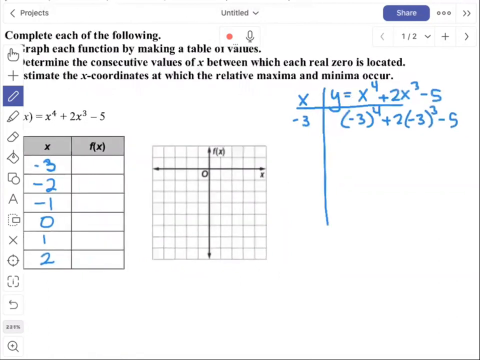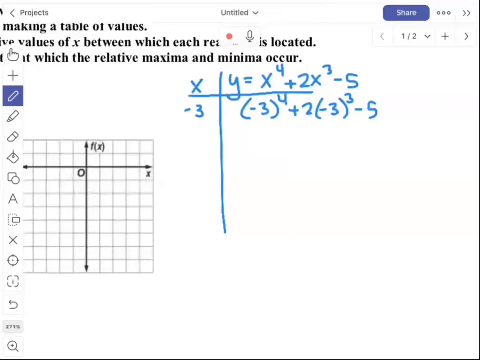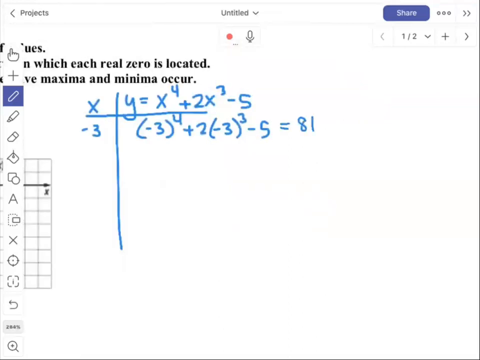That gets me 81 plus 2 times (-3) to the third. Now, (-3) to the third is -27, times 2 gets me -54, minus 5. And if I add that all together, that gets me positive 22.